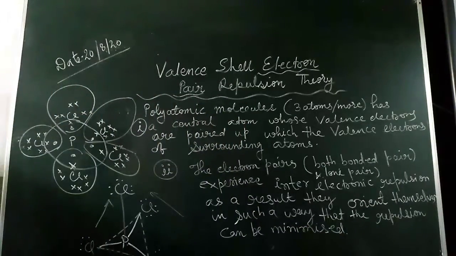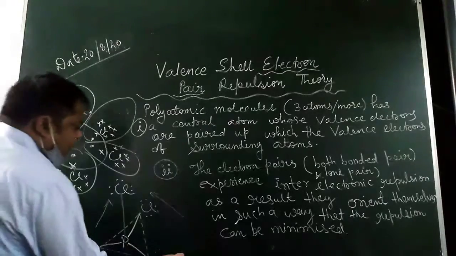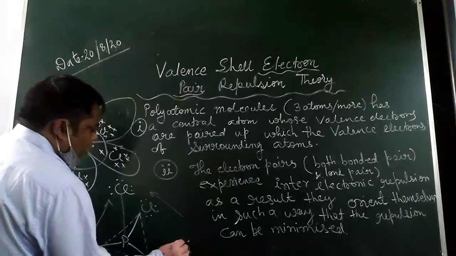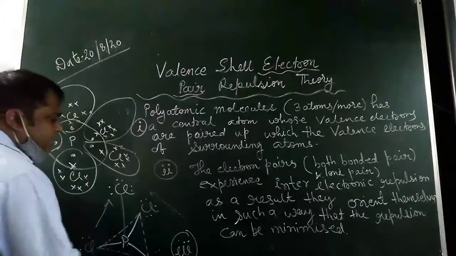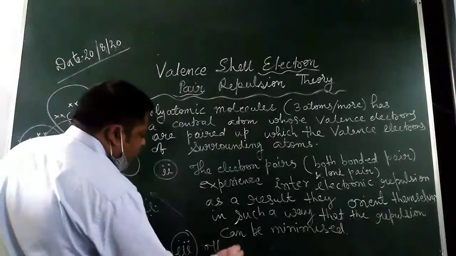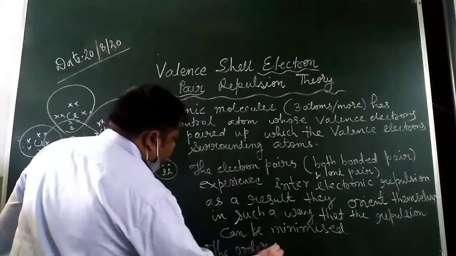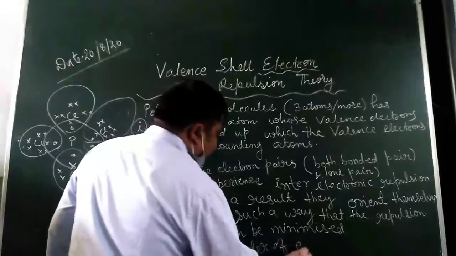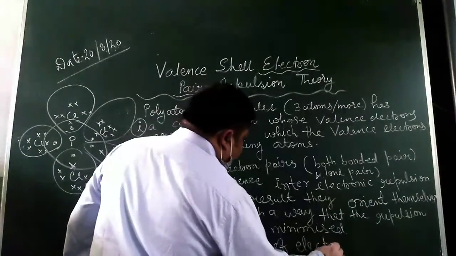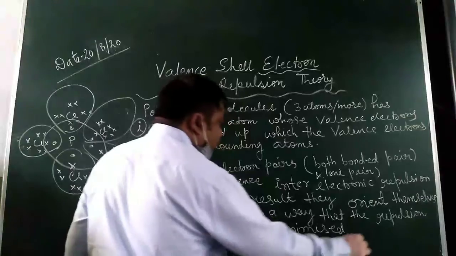Now, what is the order of experiencing the inter-electronic repulsion? The order of inter-electronic repulsion, or electronic repulsion, is like this.